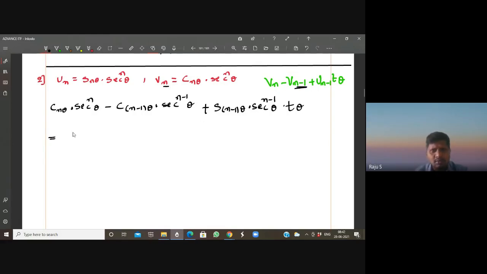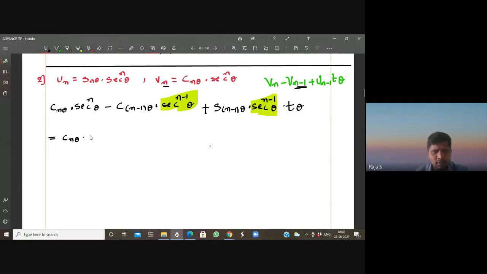Secant power n minus 1 theta is in the second and third terms, so shall I take this as common?